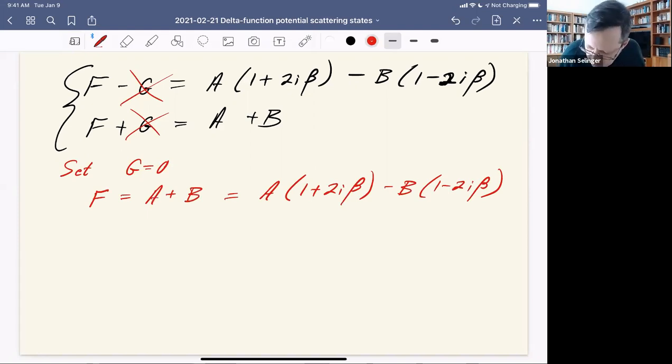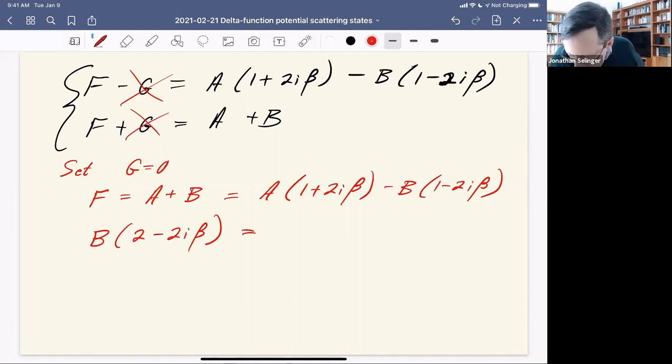Okay, so how do we do it? Well, let's put the B over on the left side. So B times (2 minus 2i beta). And we'll put the A on the right side. That is equal to A times 2i beta.